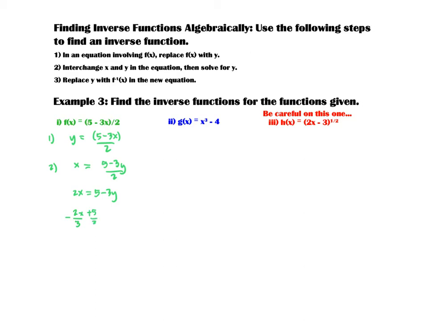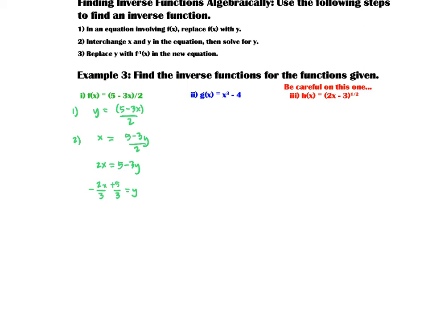That becomes a positive. And here is our inverse. Step 3 is to replace y with f inverse. So the inverse function of f is negative 2x over 3 plus 5/3. Okay, awesome. That's how you find an inverse.